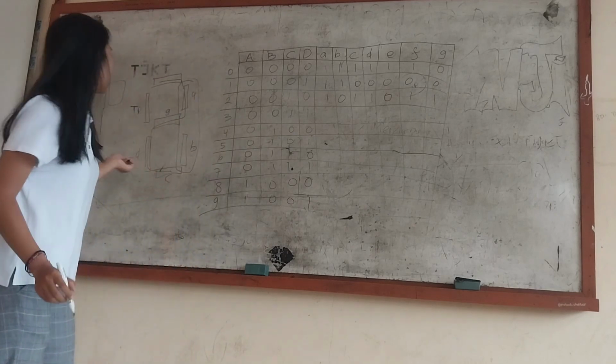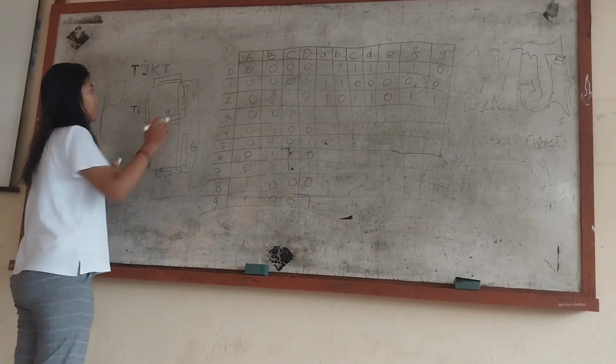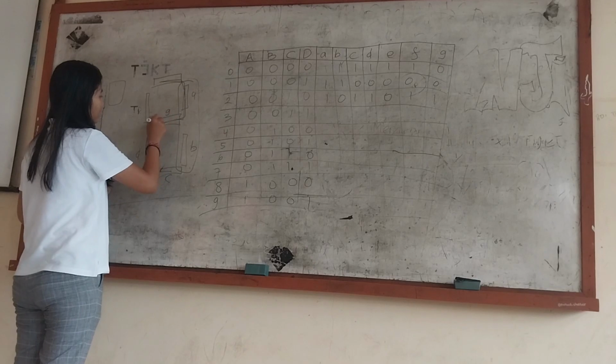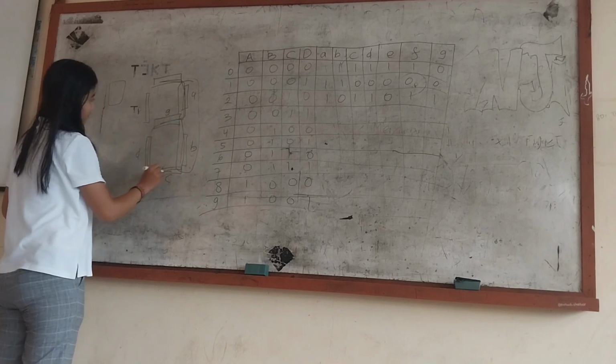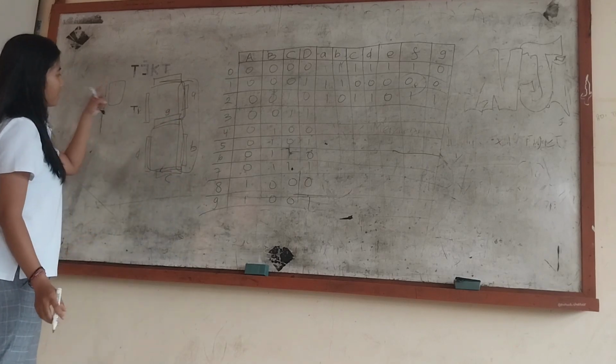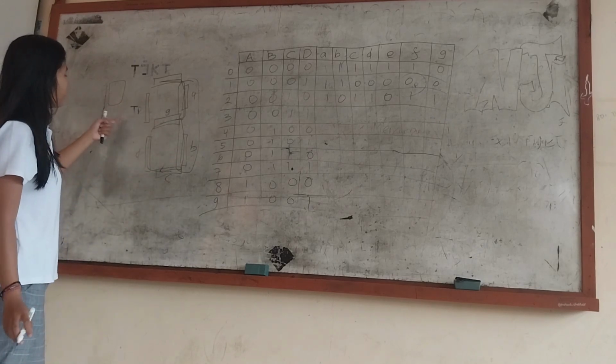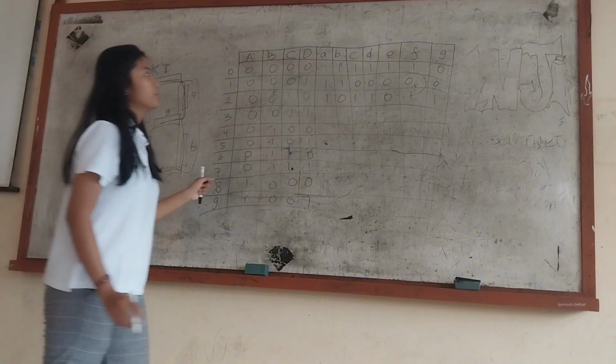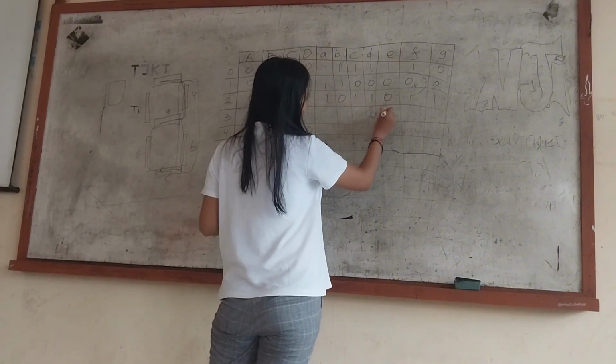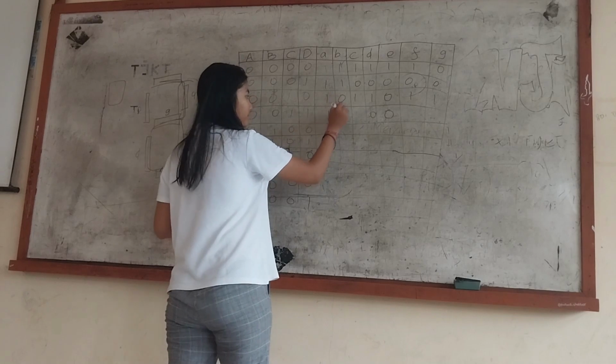So we make 3, the 3 like this. So A, G, B, C, and D are 1, and F and E are 0, and the others are 1.